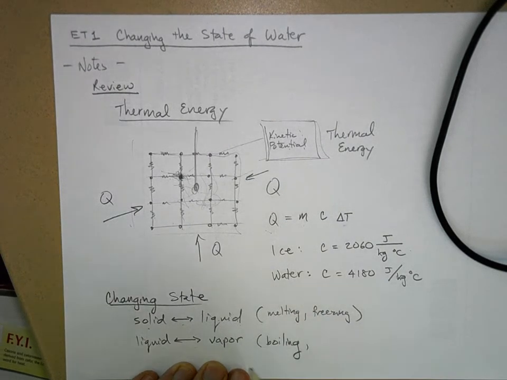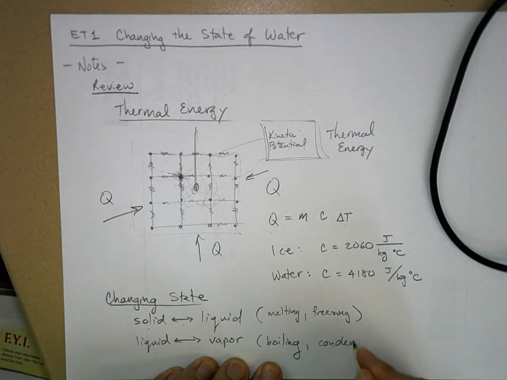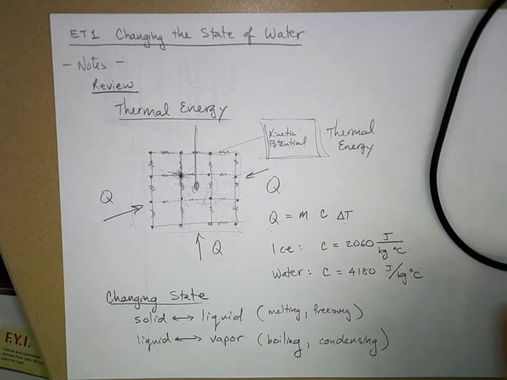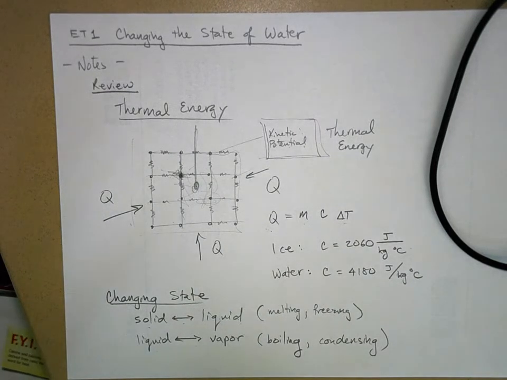And when you go from a vapor to a liquid, that's called condensing. You might have heard of a condenser in a refrigerator. That's what it's doing. It's taking a gas and turning it back into a liquid. Now we're going to study this for water, but a lot of materials will do this. You can have a change of state.